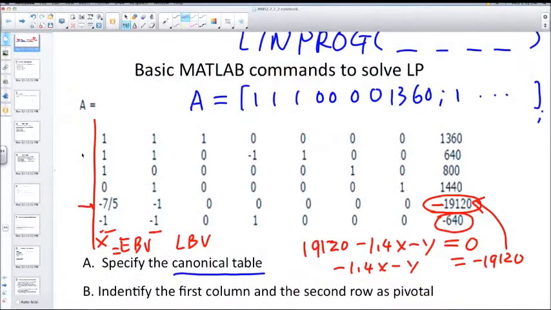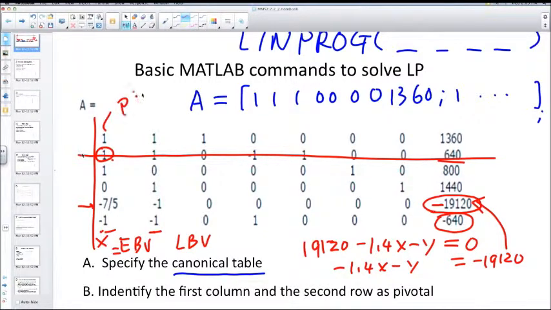You identify this column and you divide, and this gives you the least quotient. And then this will be the critical or pivotal row. And the other one is the pivot element. And then which one is going to be the leaving base variable? It's this, because that's a base column.